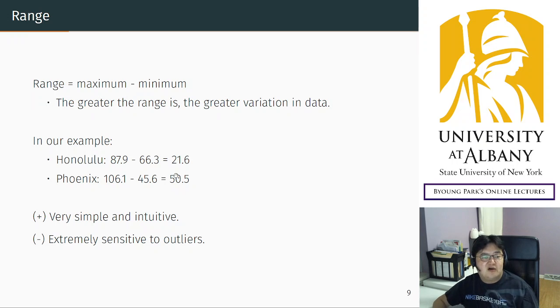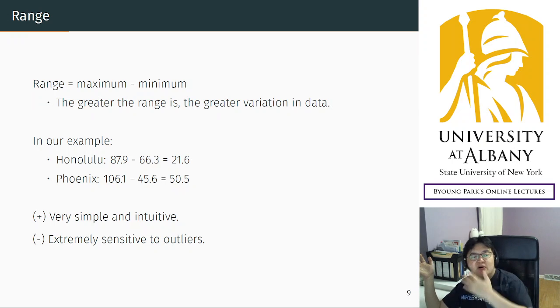However, the critical problem here is that they are extremely sensitive to outliers. You are finding the maximum and you are finding the minimum. When I say it is sensitive to outliers, think about this. Suppose in Honolulu you have a million data points.